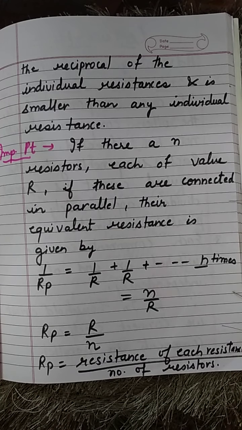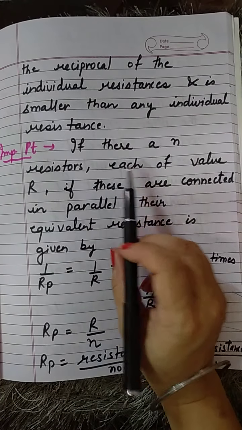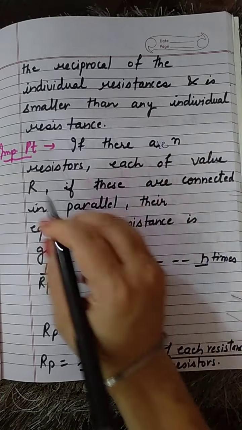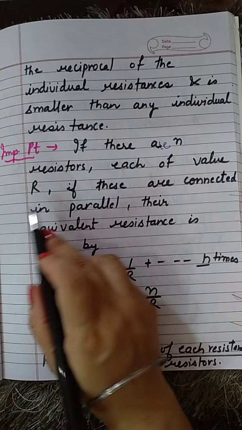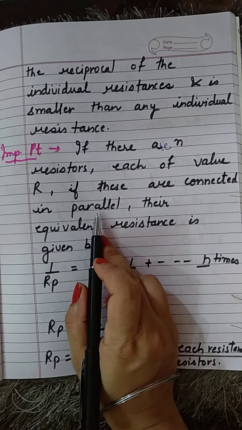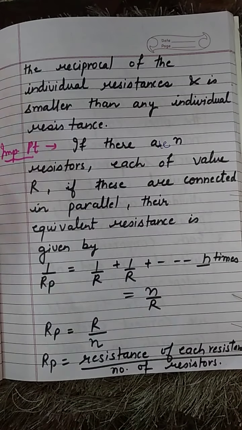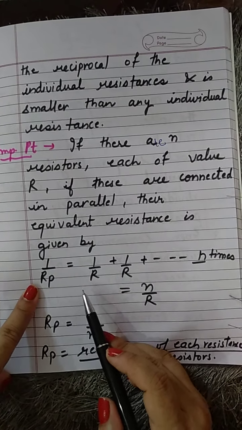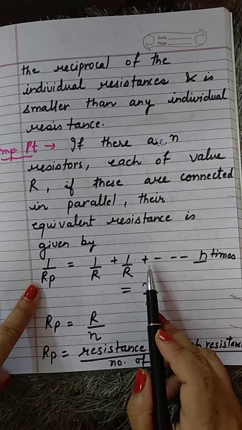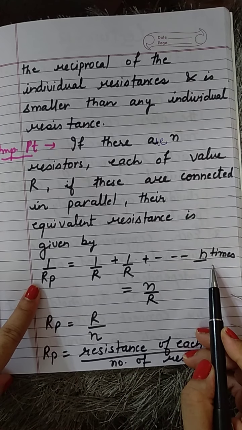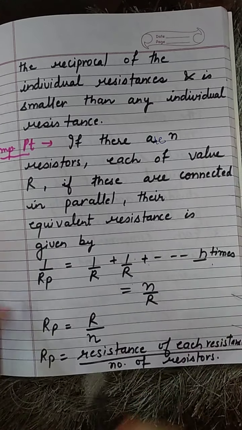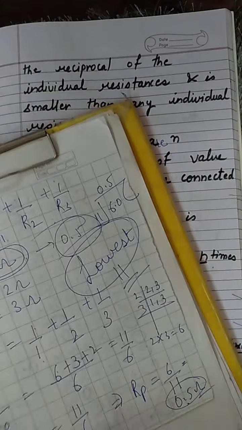See, if there are n resistors, each of value r, and if they are connected in parallel, then equivalent resistance is given by 1 upon rp is equal to 1 upon r plus 1 upon r plus up to n times, and this will be further equal to n upon r.